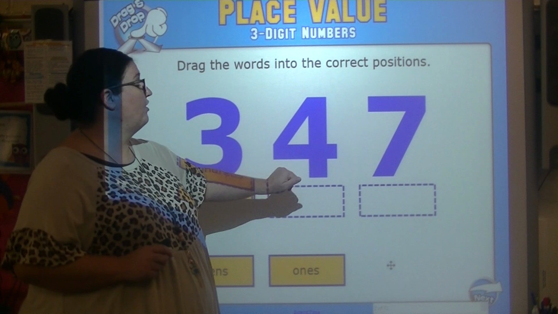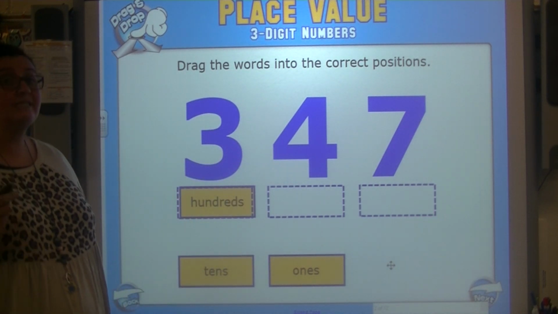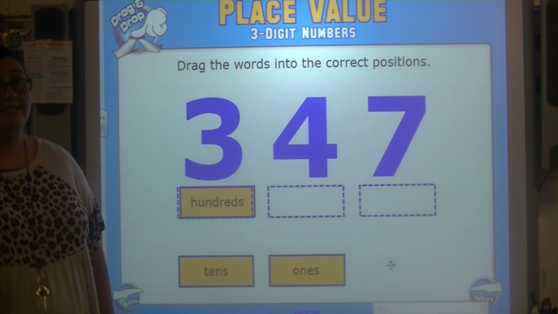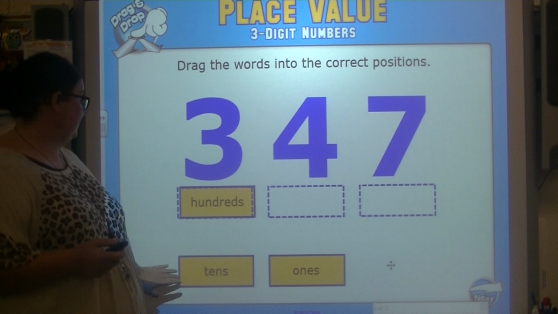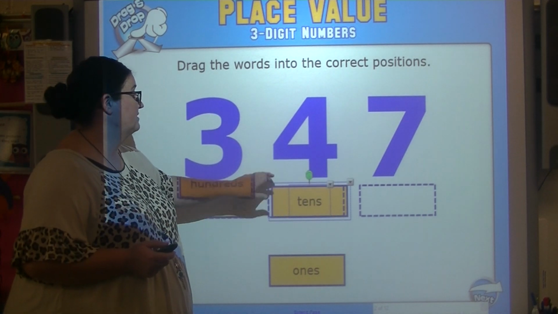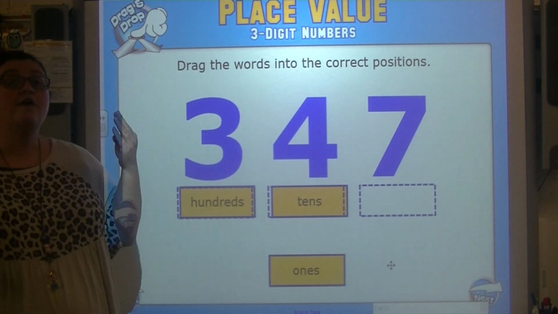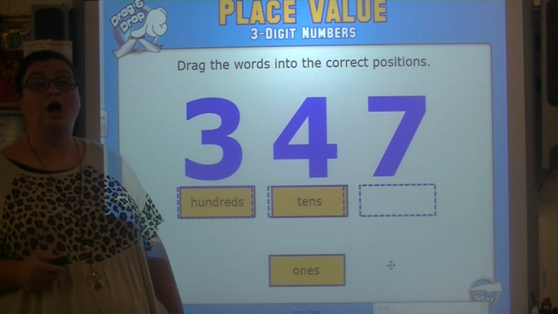All right, this 4 stands for hundreds, tens, or ones? This stands for tens. So if you were using your base 10 blocks, you would use 4 tall tens for the 4.